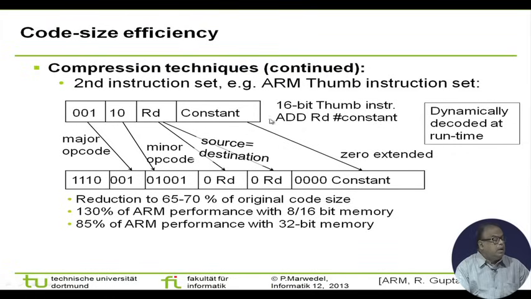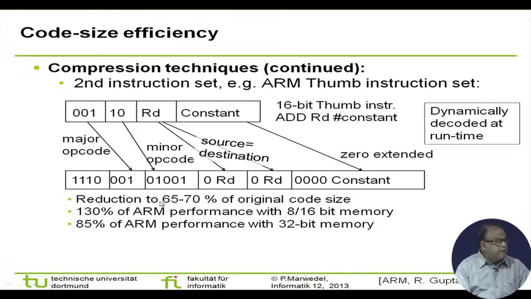Now, if we are lucky, then for a particular task we may be able to have all these instructions compressed to 16-bit instructions. In that case, we would get 50% reduction of space.